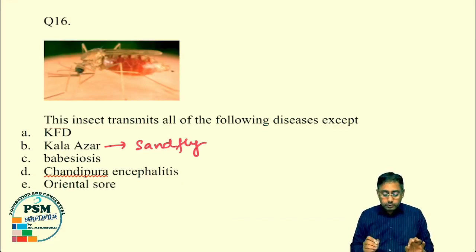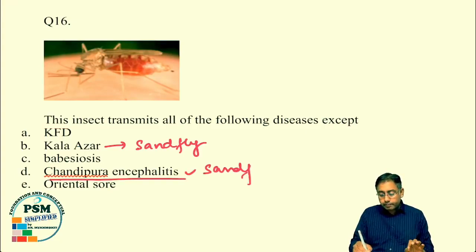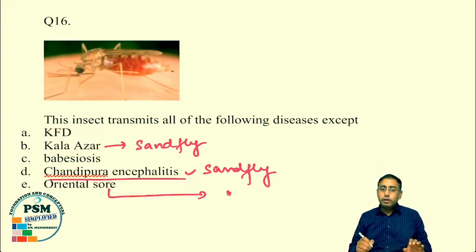Babesiosis is not caused by a sandfly, but there is another one, Chandipura encephalitis, which is again a sandfly disease, and oriental sore, which is also a sandfly disease. So everybody knew about oriental sore and Kala azar, but Chandipura encephalitis? Chandipura is a small town, a small community in Gujarat where the encephalitis was reported, predominantly because of the sandfly species.